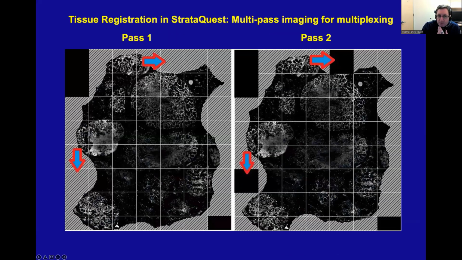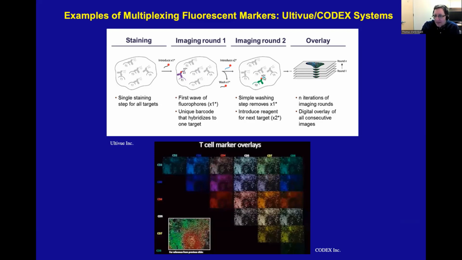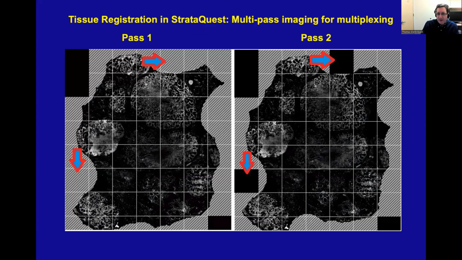So one thing you need is software that can take those images captured at different times with different panels of antibodies and overlay them and then register them, like line them up. That process is schematically shown here, where the StrataQuest software has an ability to do what's called tissue registration.